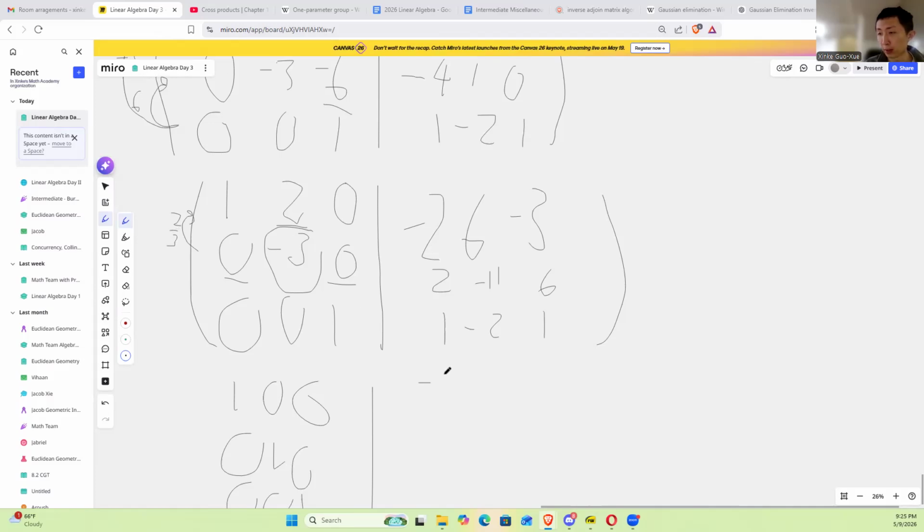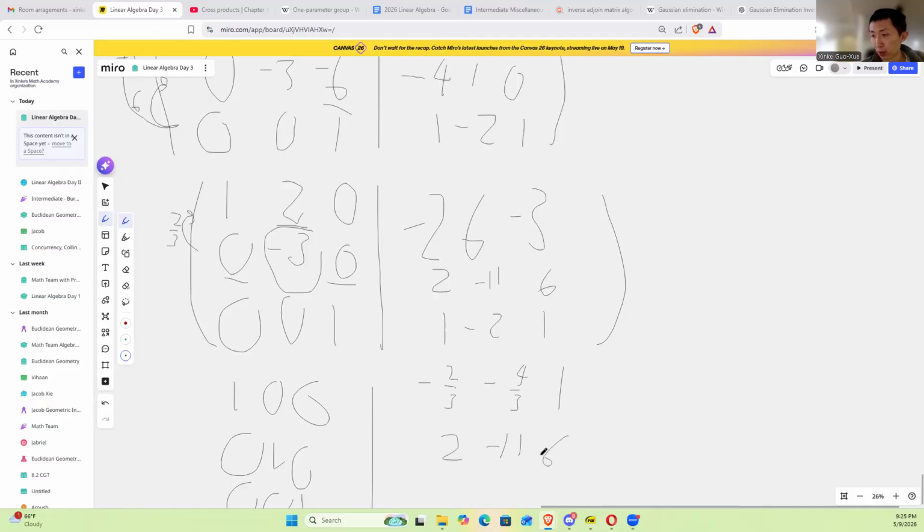So this will be negative 2/3. That's negative 22/3 plus 6, which is 18/3, so negative 4/3. And 2/3 of 6 is 4, so this will be 1.